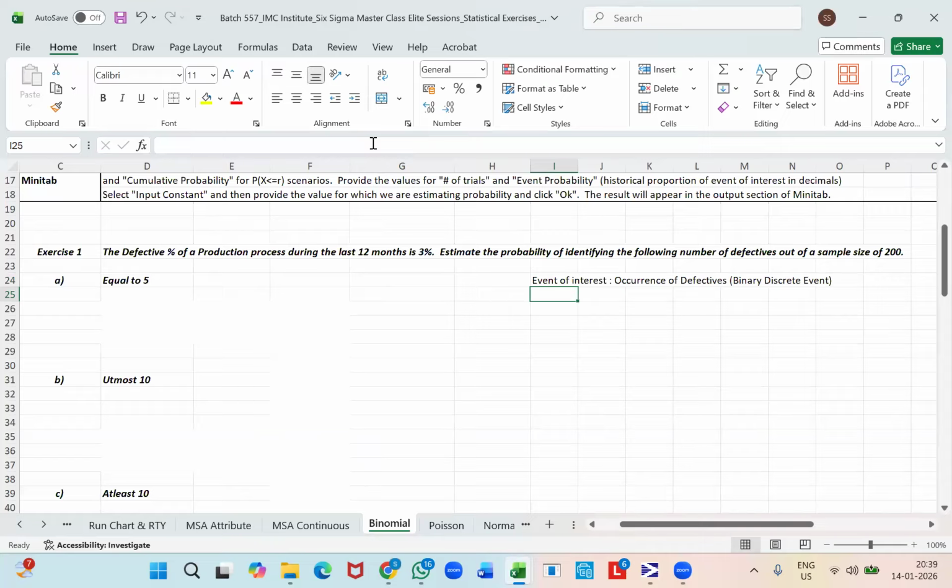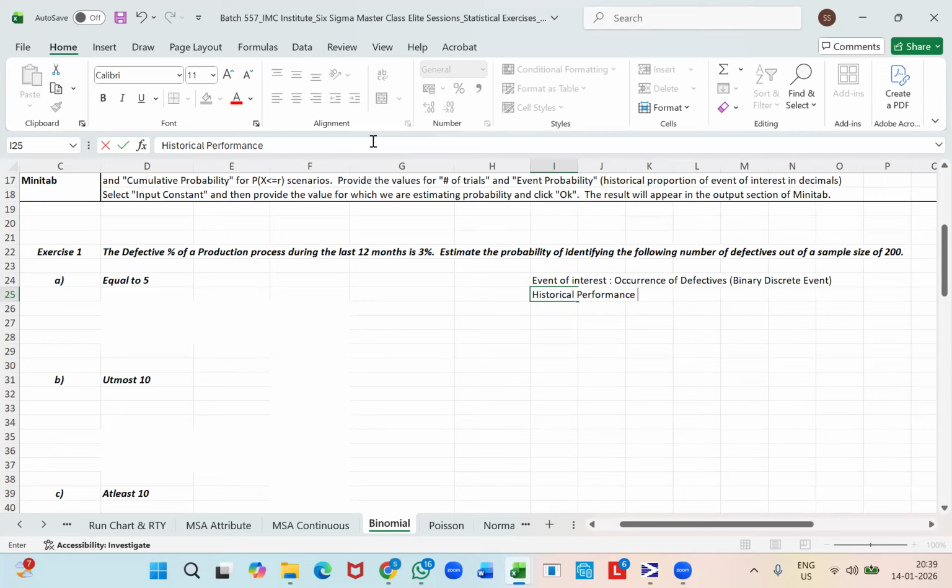Another piece of information which would confirm that this is a binomial distribution exercise is the historical performance metric. What is the historical performance metric? It is given in terms of defective percentage. Again, defective percentage is a binary discrete metric, because we have already seen accuracy percentage as an example of a binary discrete metric. The opposite of accuracy percentage is defective percentage, right?